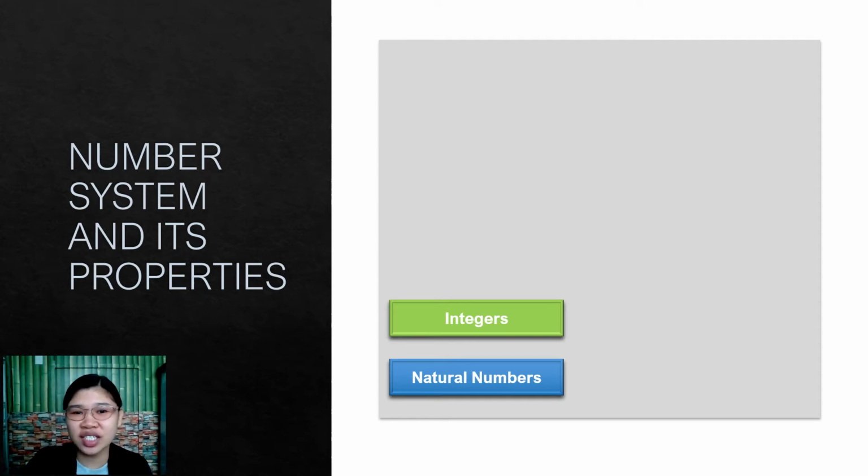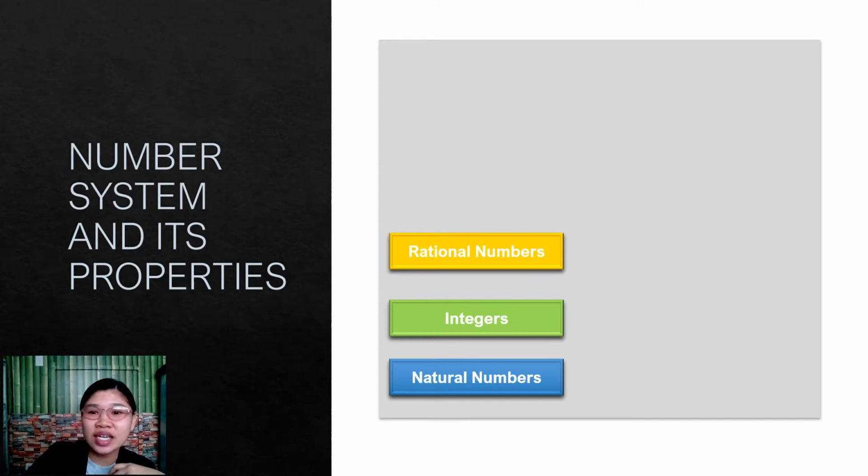Integers are the set of real numbers consisting of the natural numbers, their additive inverses, and 0. Okay? So let's proceed to another component of the number system.